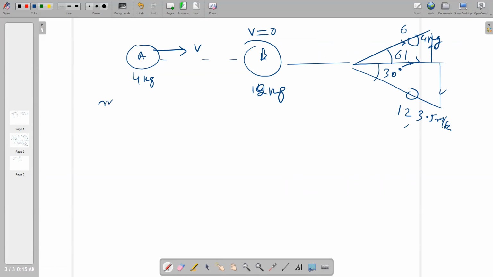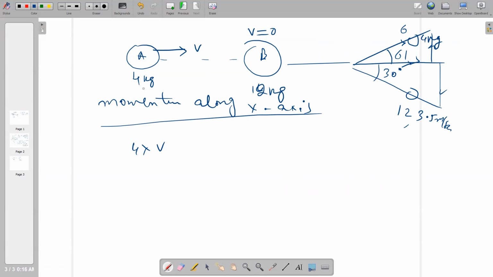Now the momentum along x-axis. So x-axis momentum is what? 4 into v, mass into velocity, plus this is 12 into 0 because it is at rest. And this is in this direction and this is 6 meter per second. So we can make the components.